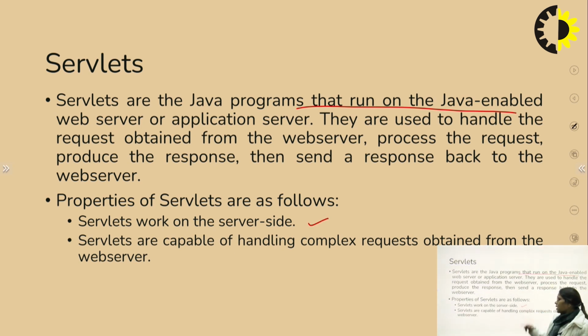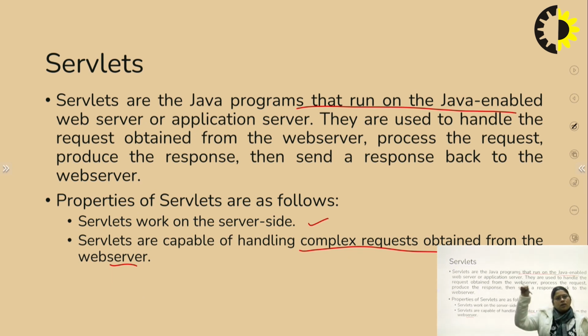There are certain properties of the servlet. First, it only works on the server side. As I have already mentioned, because servlet is a server-side technology, servlet programs only execute on the server side. Second, servlets are capable of handling the complex requests obtained from the web server. What is the process of this servlet? First of all, the request comes from the client in the form of an HTTP request.